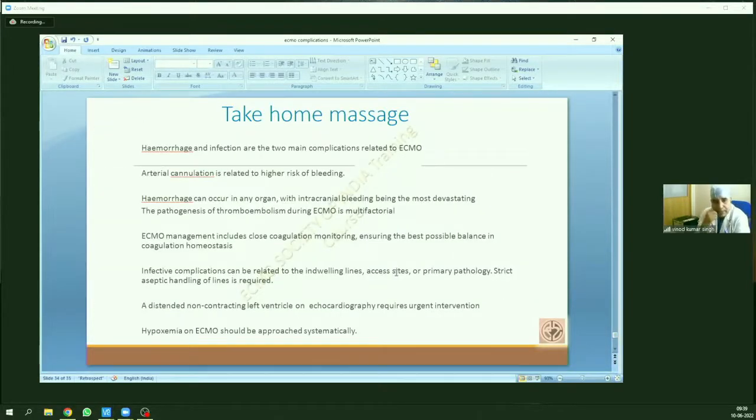So my take-home message is that hemorrhage and infections are the two main complications related to ECMO. Arterial cannulation is related to a higher risk of bleeding. Hemorrhage occurs in any organ, with intracerebral bleeding being the most devastating, and the pathogenesis of thromboembolism with ECMO is multifactorial. ECMO management includes close coagulation monitoring, ensuring the best possible balance between coagulation and hemostasis.